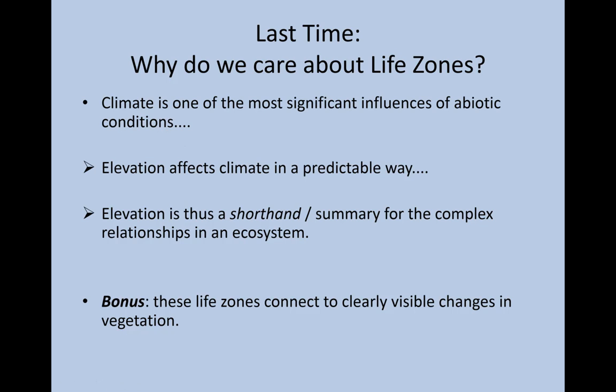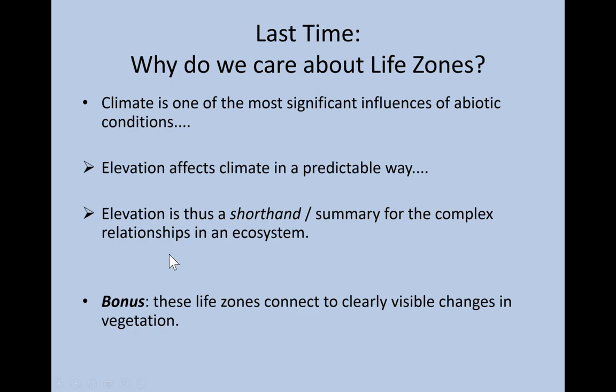A lot of the abiotic conditions that we see are heavily influenced by climate. Elevation affects climate in a predictable way, and therefore we can say that elevation is the most important, or at least one of the most important factors in determining what species are going to be able to live in particular ecosystems and how they'll relate to one another.